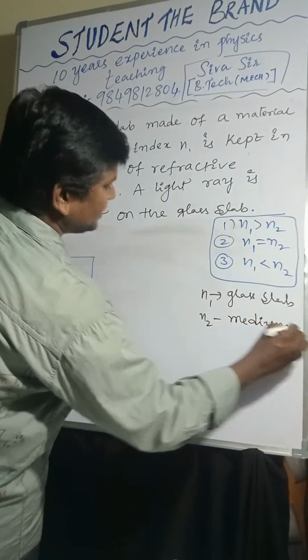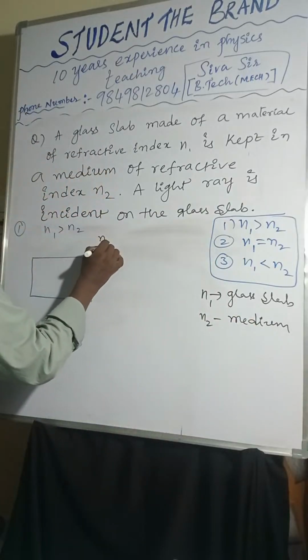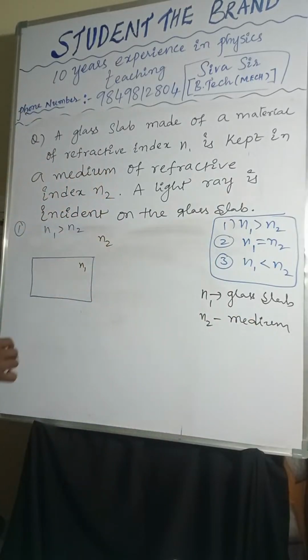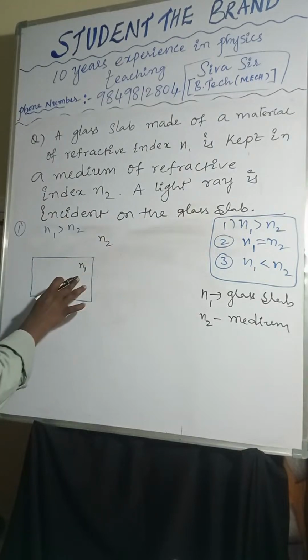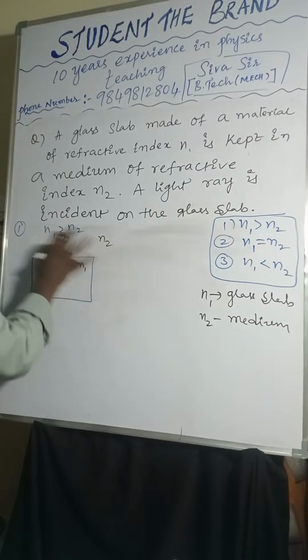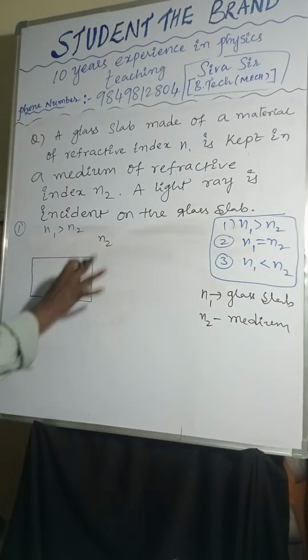So this is the N2 medium, the third medium, and the glass slab is placed in the medium.